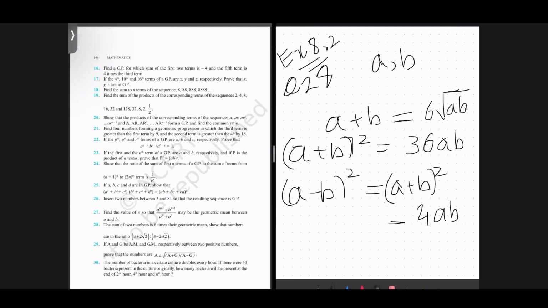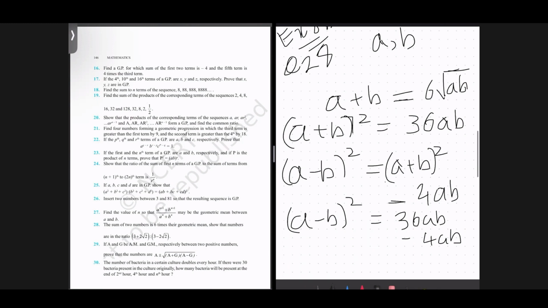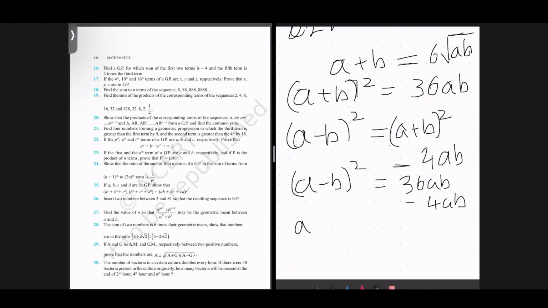So plugging in the value of a plus b the whole square from above, you get a minus b whole square equal to 36ab minus 4ab. So a minus b whole square equals 32ab.